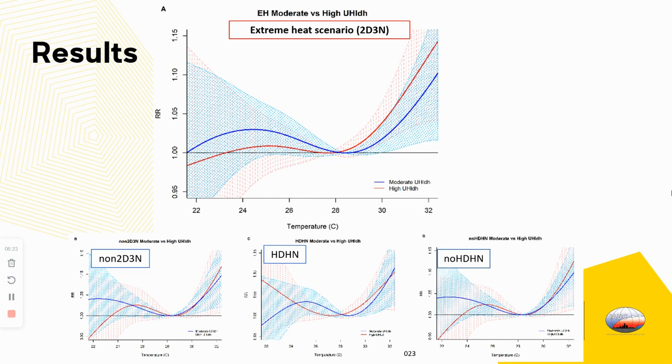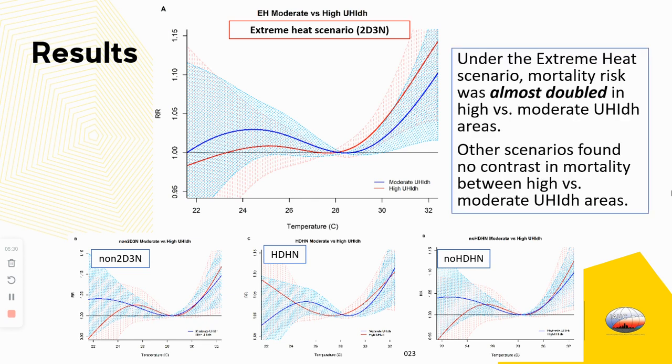The blue lines indicate the moderate UHI areas, and the red lines indicate the high. Under the extreme heat scenario, the mortality risk was almost doubled in the high UHI areas compared to the moderate, whereas the other three scenarios don't really have that same level of contrast.